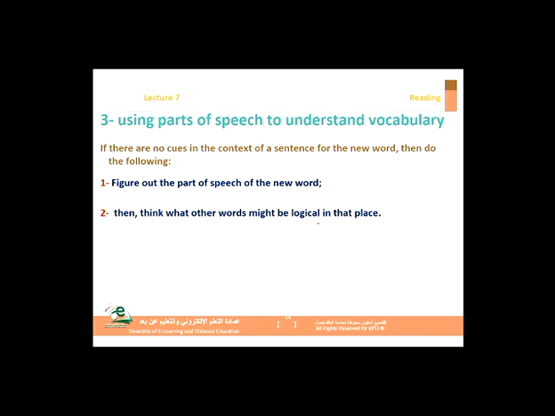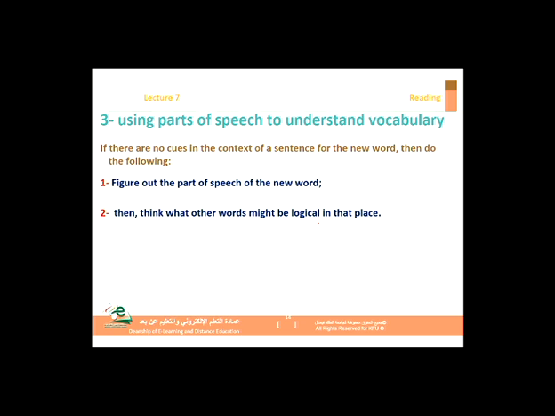All right, using parts of speech to understand vocabulary. If there are no cues in the context of a sentence for the new word, what shall I do? If you are reading and you find a word, and in the exam you are asked about the meaning of that word, but you don't have any clue, so there's no i.e. or e.g., so for example, or that is, what should we do?